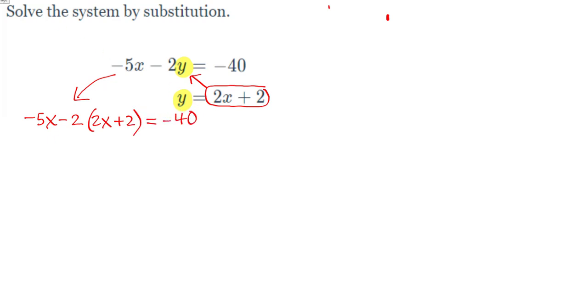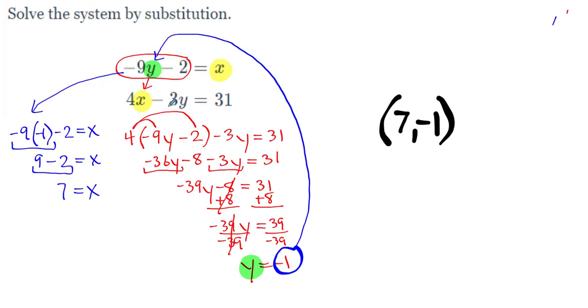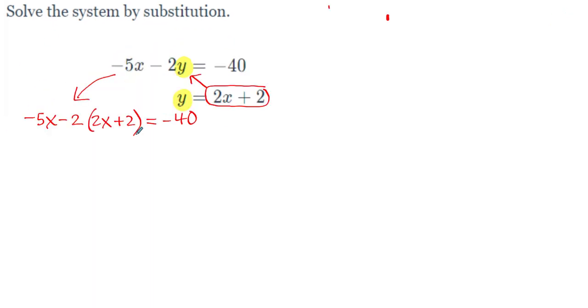Now flipping back to our first example, notice that after we substituted, we distributed, we combined, and then we solved for y. So this will be the same thing where I'll distribute, but I do want to go ahead and point out that the number we're distributing over here is a negative. A common mistake is people forget to distribute the negative with the 2.